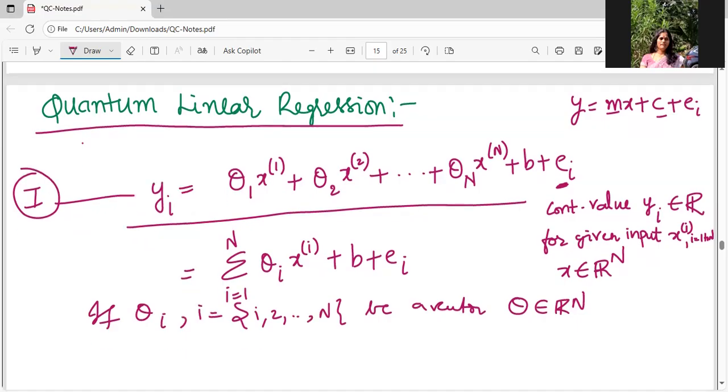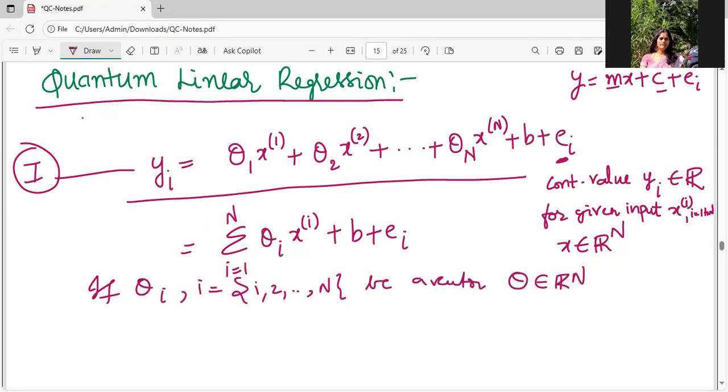Then we can further simplify the linear relationship as yi equals theta transpose xi plus b plus ei.